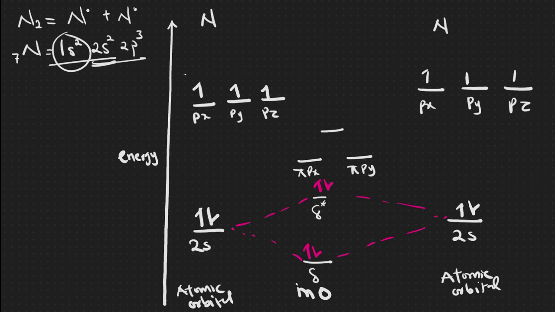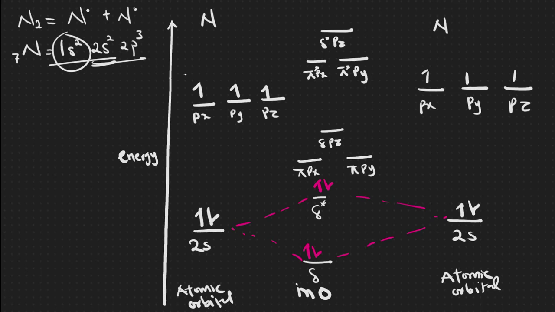Then we have the sigma pz. Then at the top here, we have the anti-pi px, and the anti-pi py. Then at the top we have the anti-sigma pz.